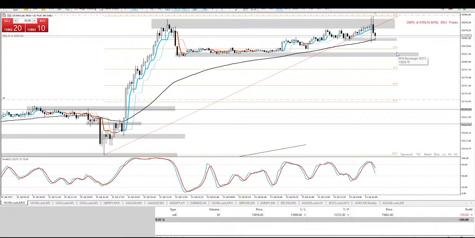When you're doing prop trading, you should have your own daily drawdown that is less than what the prop firm gives you. A lot of them give 5% daily. Yours should be 2 or 3%, or just half, 2.5.